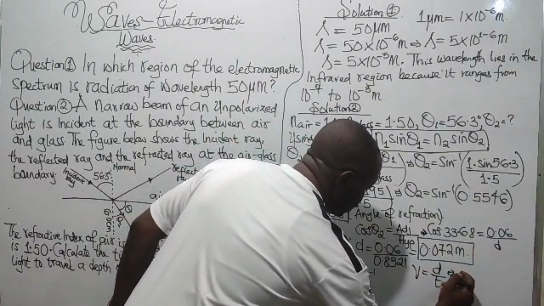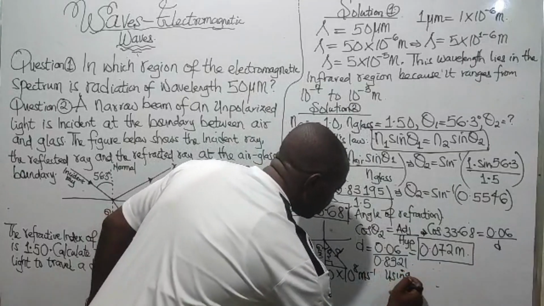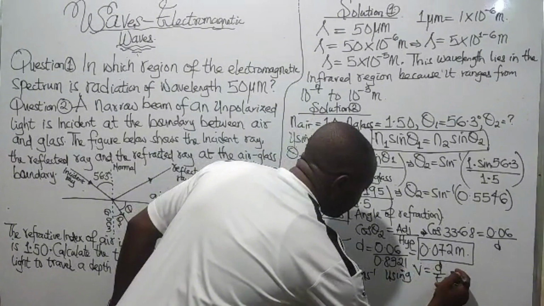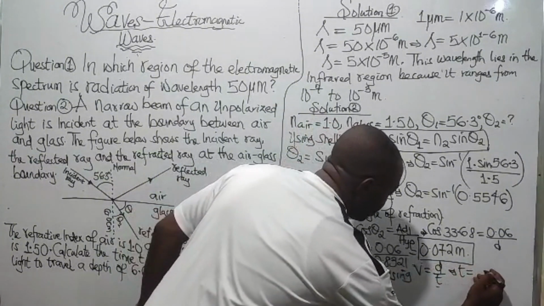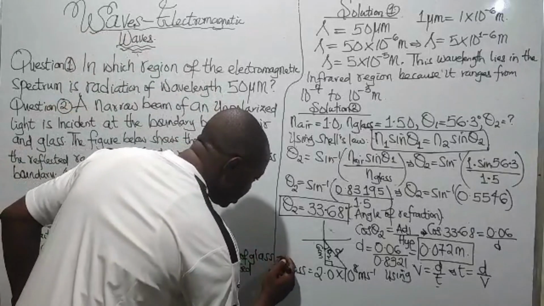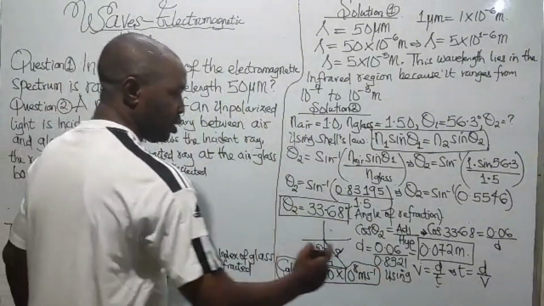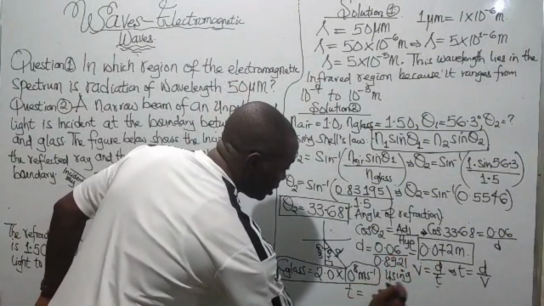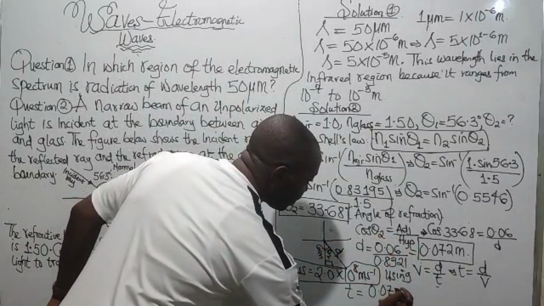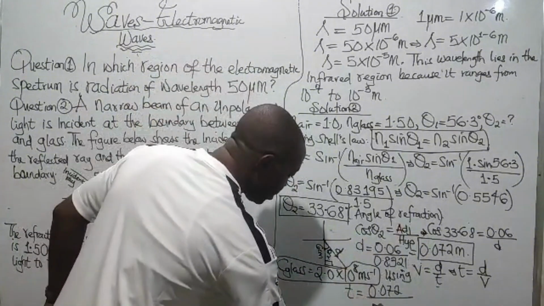So t equals d over v. Don't forget, this is the velocity of glass. Time t will equal the distance, 0.072, divided by the velocity of glass.